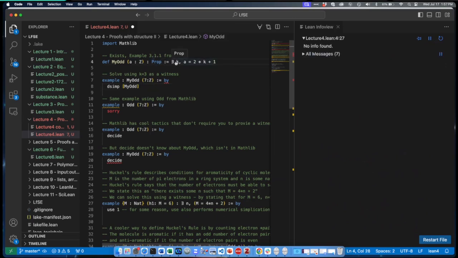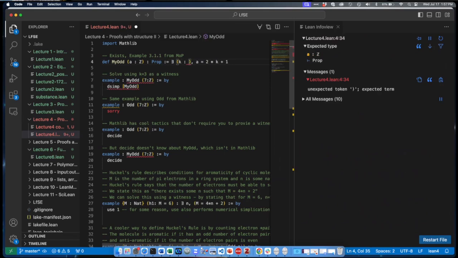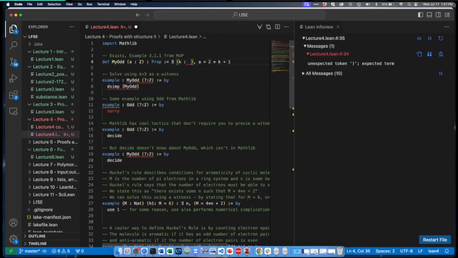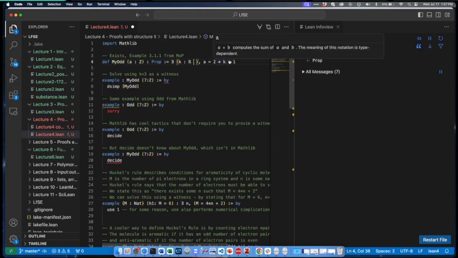Again, we didn't get any problems at all when I said that k is a real number, k colon R. There's no flags. If I wanted this to be my version of odd numbers, I can go and prove other kinds of things about this.